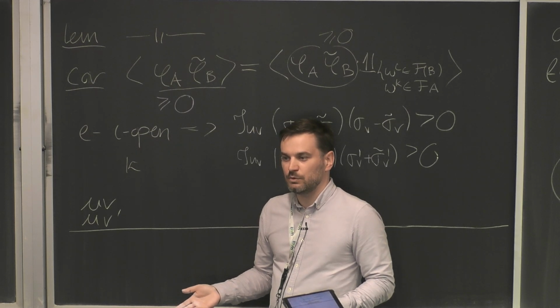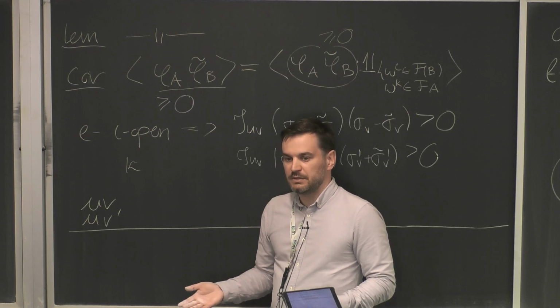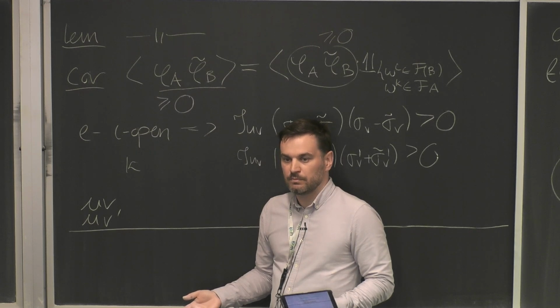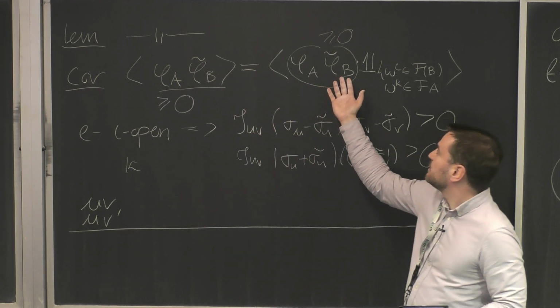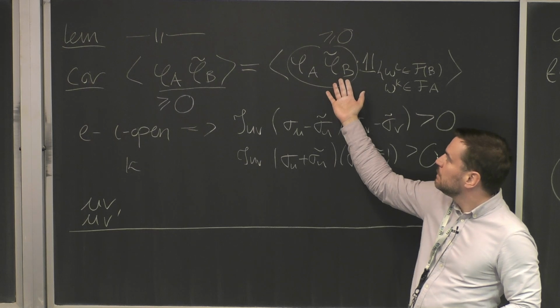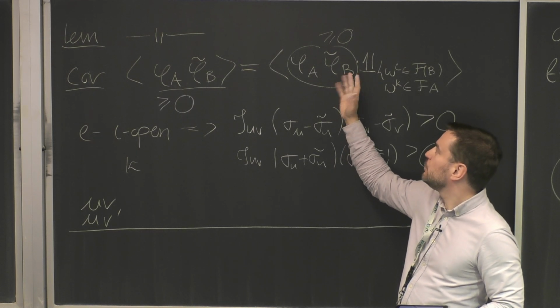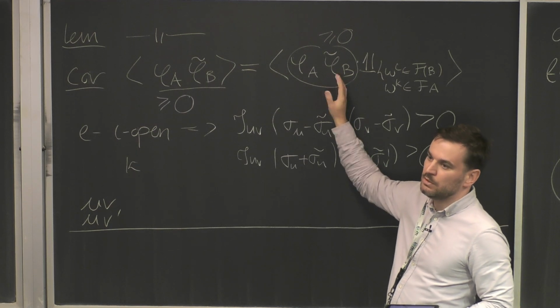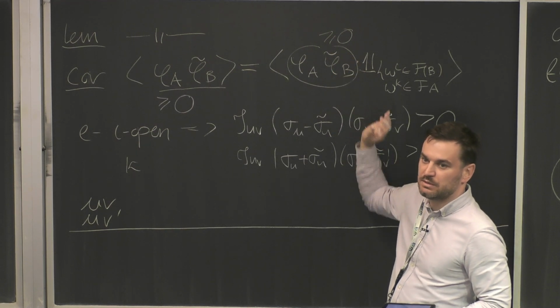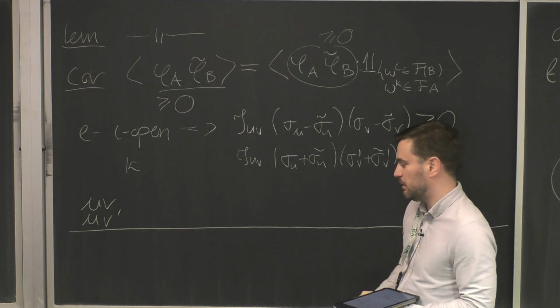I don't even know what to expect. I think it's not the case, probably. Because these expectations would be signed, and then you have no topological information, because you can have cancellations which lead to 0. So here we don't have any cancellations, basically, in this formula. That's why we can conclude.